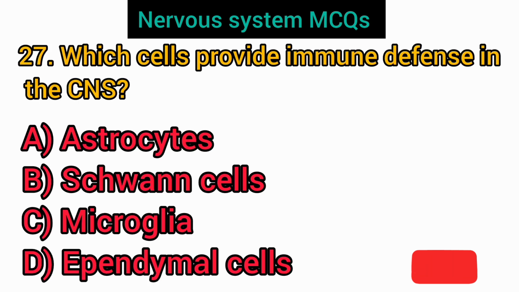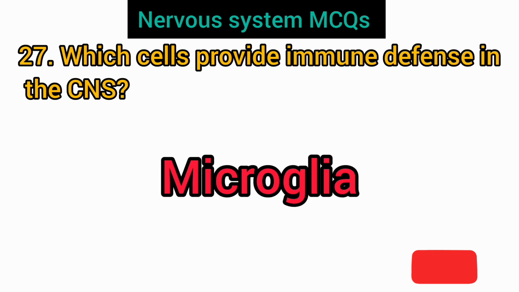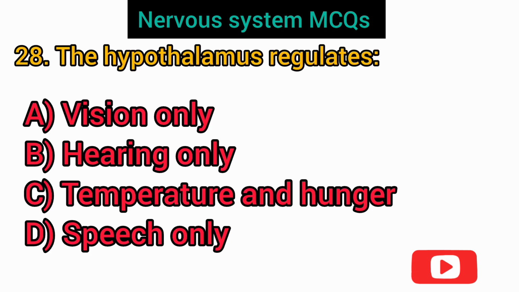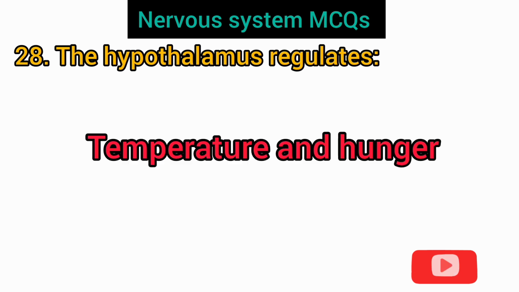Which cells provide immune defense in the CNS? Microglia. The hypothalamus regulates temperature and hunger.